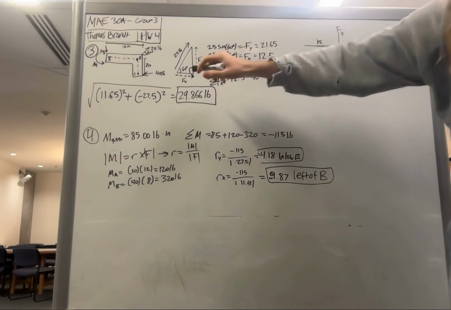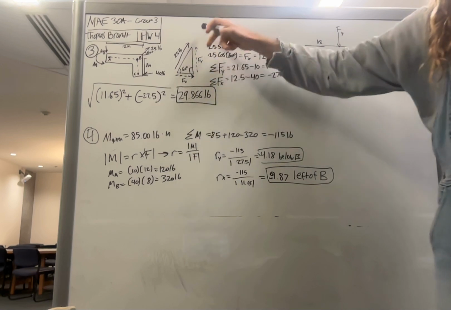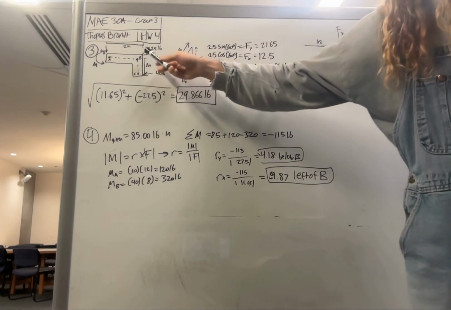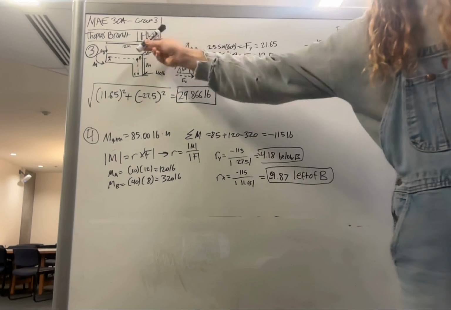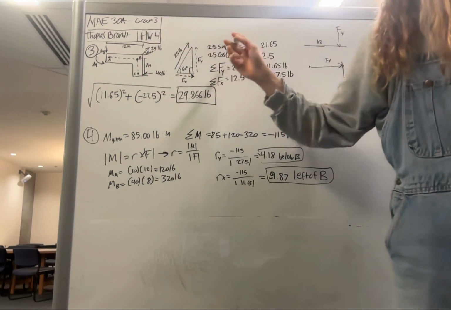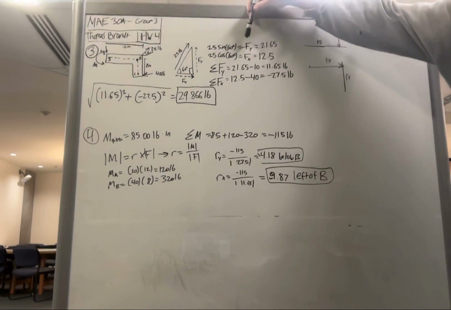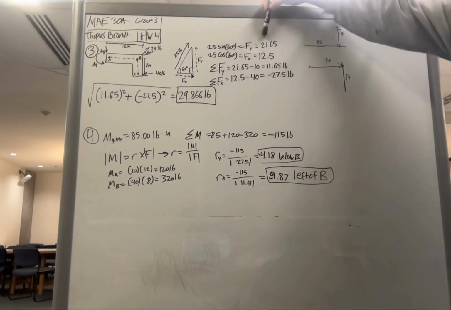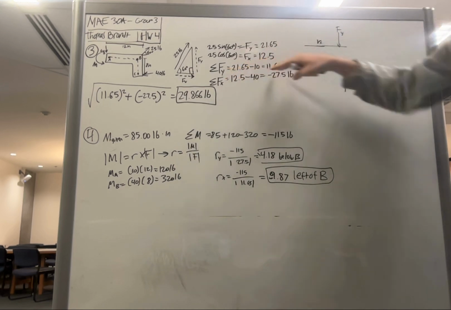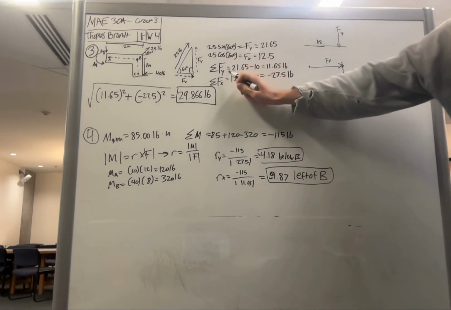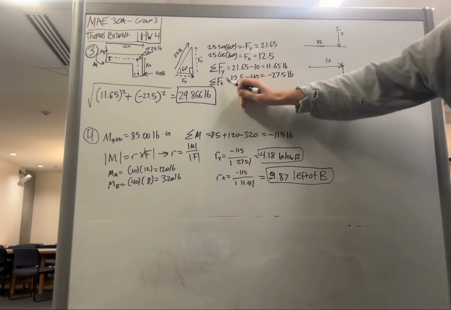This one's pretty straightforward. We did need to use a little trig here. We're given this angle, and this force that's coming in at an angle, which we need to find its components. So we'll find Fy and Fx. And then next we have to find the net y forces and the net x forces.